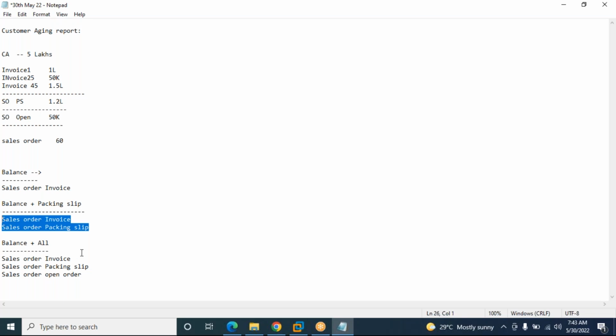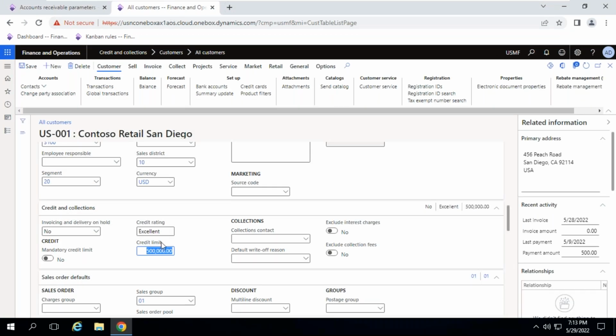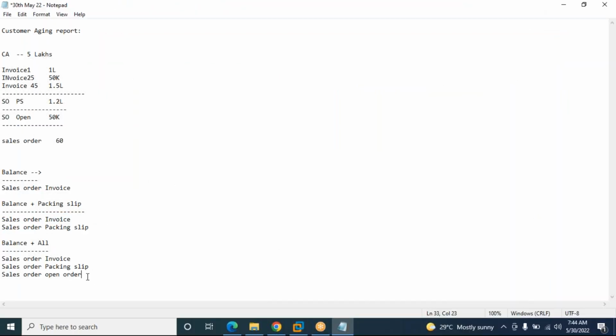Any more questions, team? In this process, it is credit limit. Yes, Satya, this is basically when you are cumulatively allowing a credit limit, you need to consider all the three instances for the system to check if he is eligible for further credit or not.